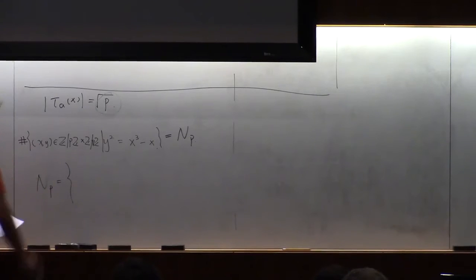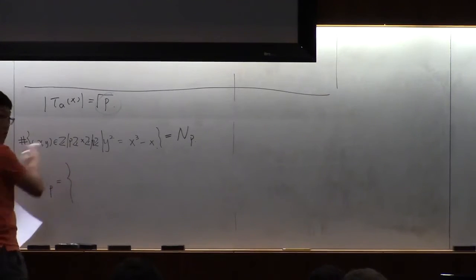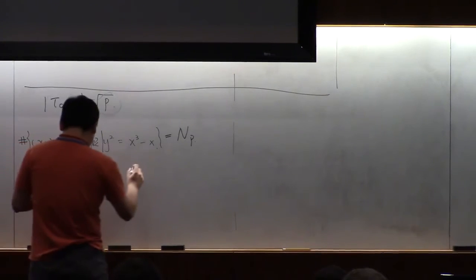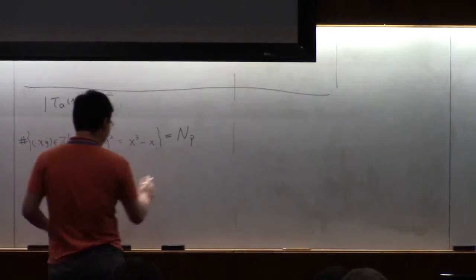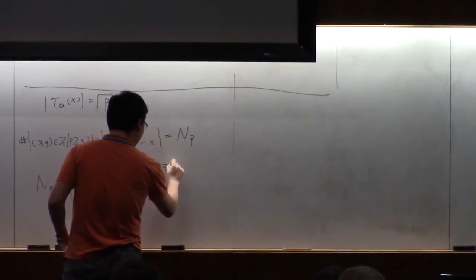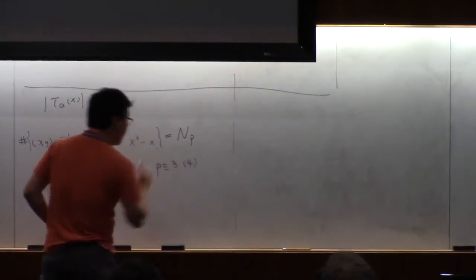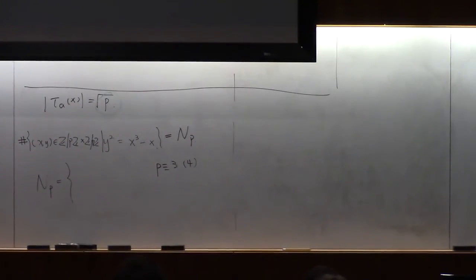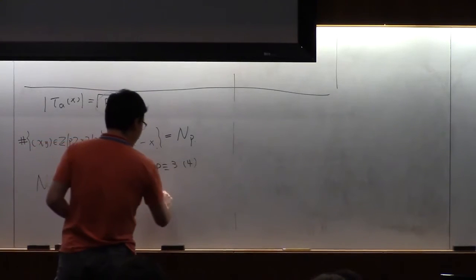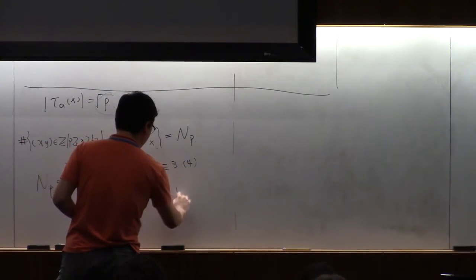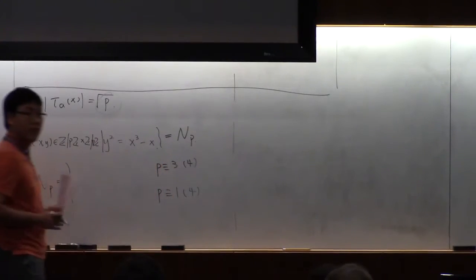So actually, this number of solutions depends on the prime number p. Because here I assume p is an odd prime, either p is congruent to 3 mod 4, or p is congruent to 1 mod 4.